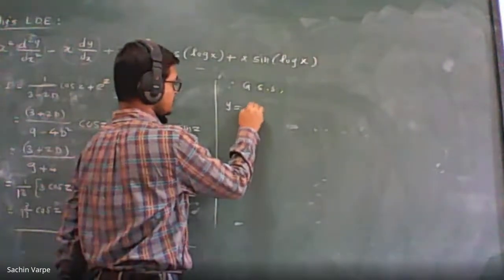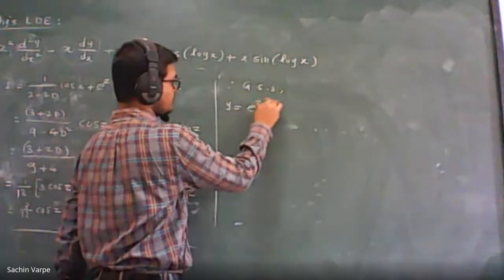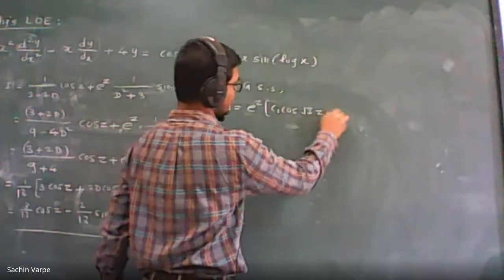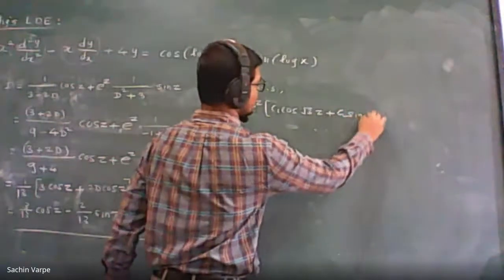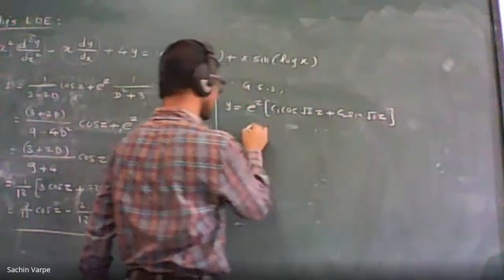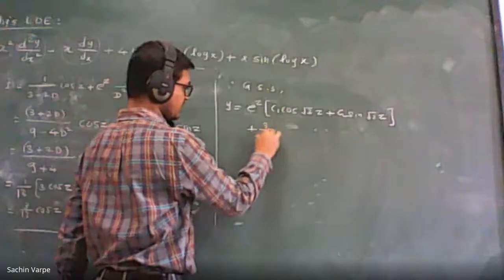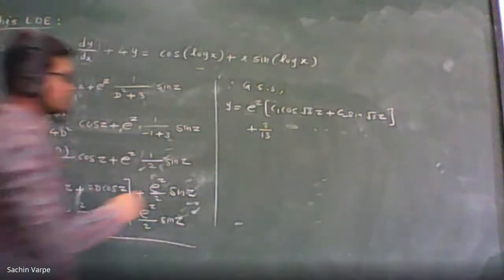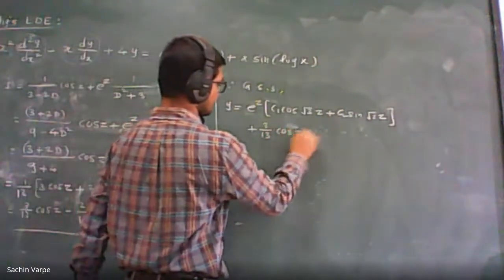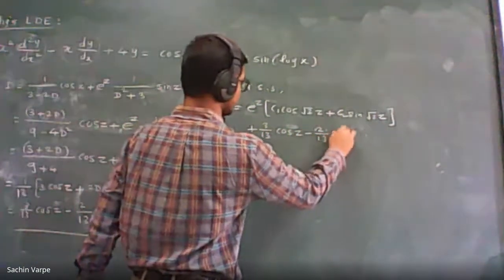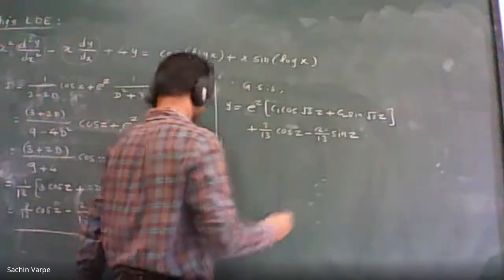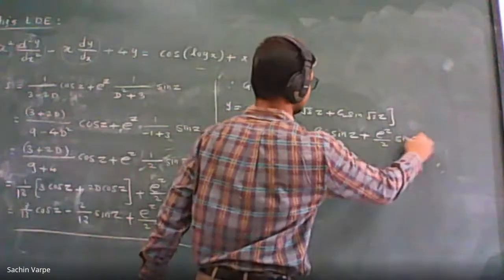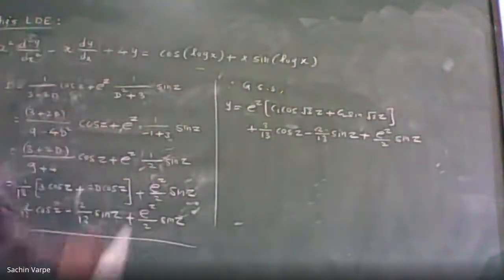CF is e to the power z into C1 cos root 3z plus C2 sin root 3z, plus PI: plus 3 by 13 cos z minus 2 by 13 sin z plus e raised to z by 2 sin z. Is it okay? This is the general solution.